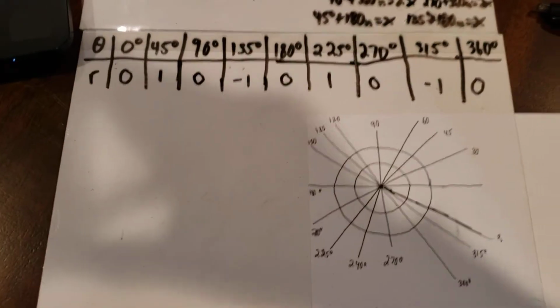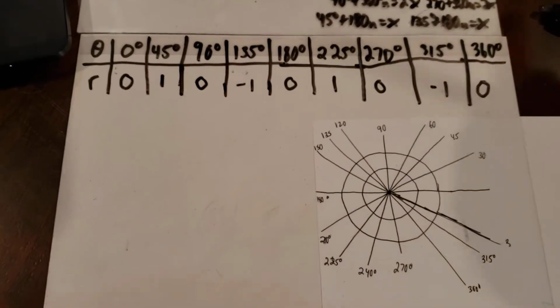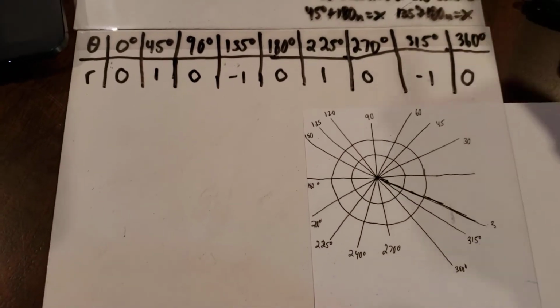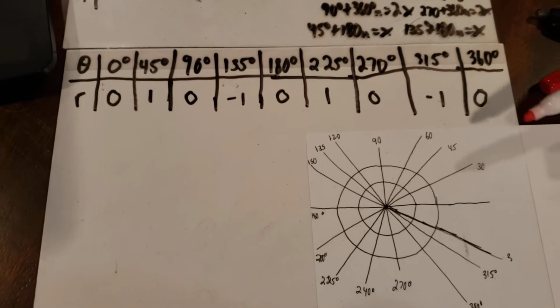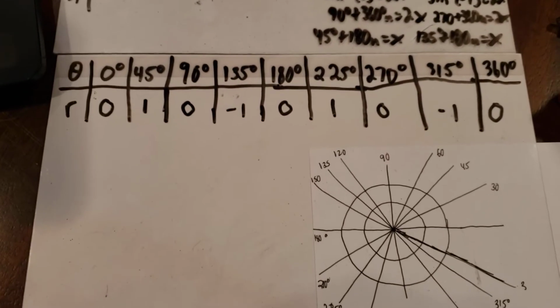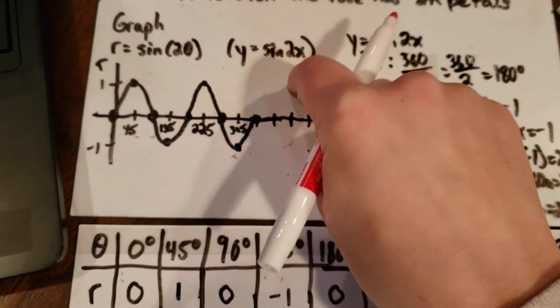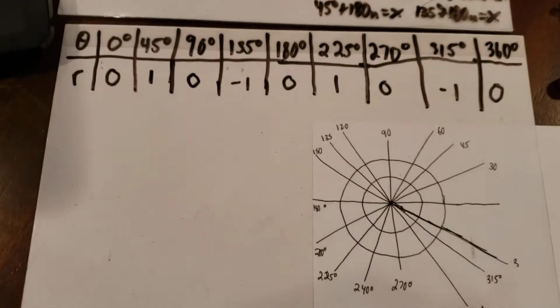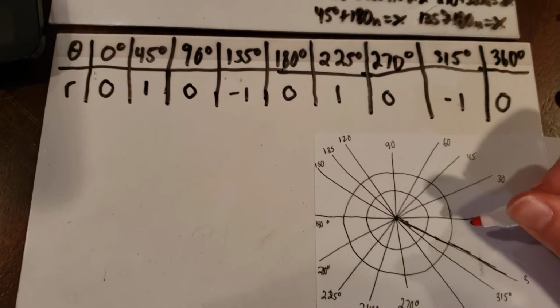So I drew my own polar coordinate plane, so it's a little bit off, but let's go through this. So the points that I said are really important were those 4 points. Notice the largest r value that we're going to get is 1. That shouldn't be a shock because what's the largest output that this can give us? 1. Now, 0 degrees rotation, it's 0.